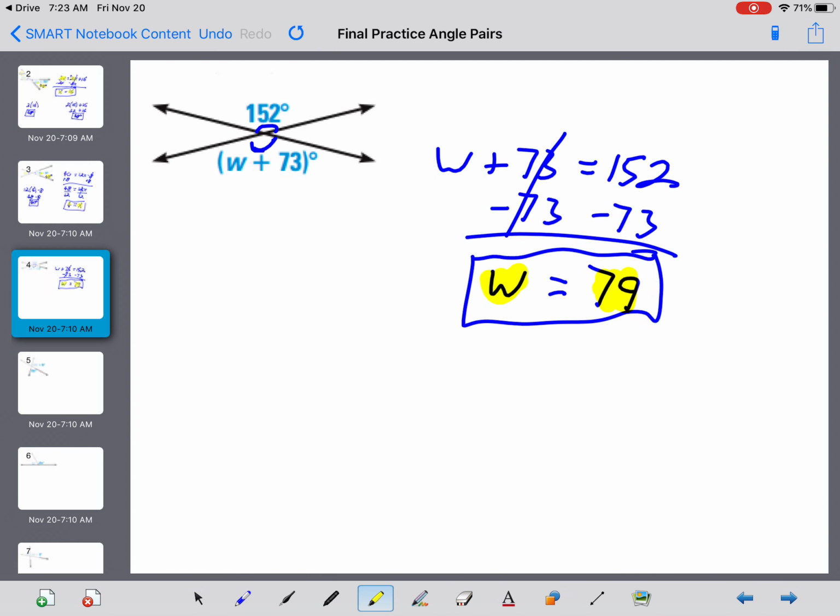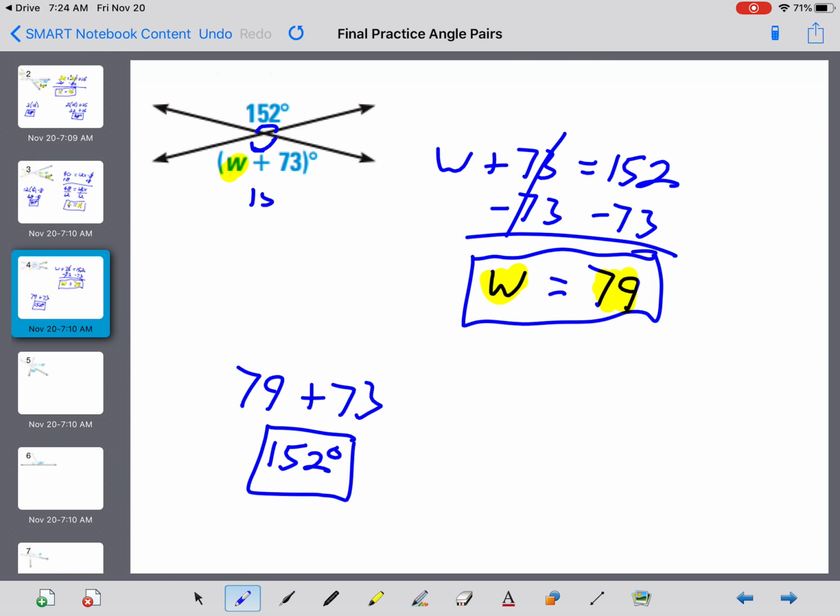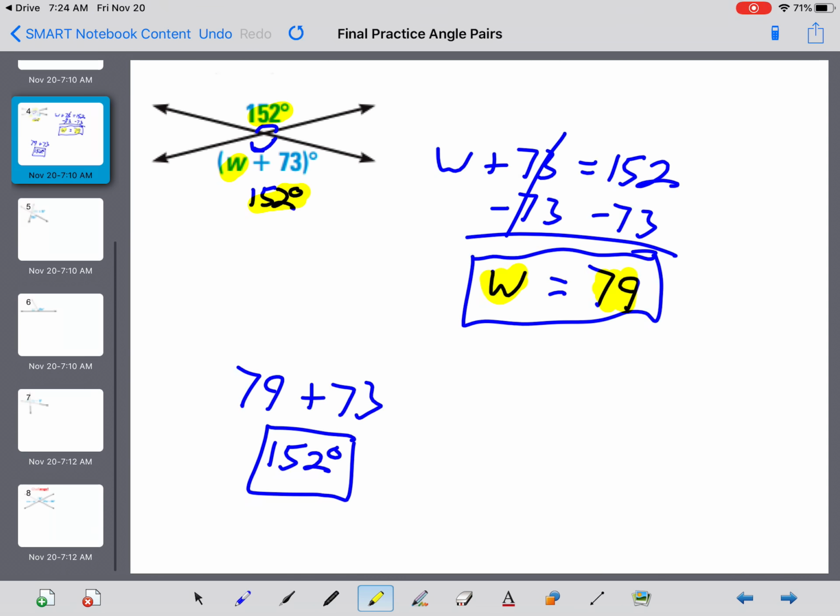Okay, take that value of w, which is 79, and plug it in here, and we get 79 plus 73. If you add those two together, the sum of 79 and 73 is 152 degrees. Again, you know it's correct because your vertical angles are always congruent.